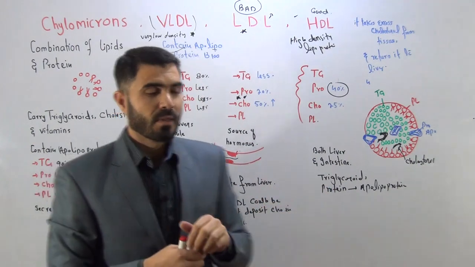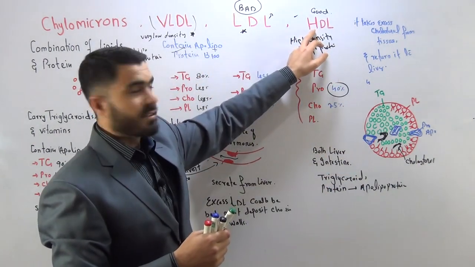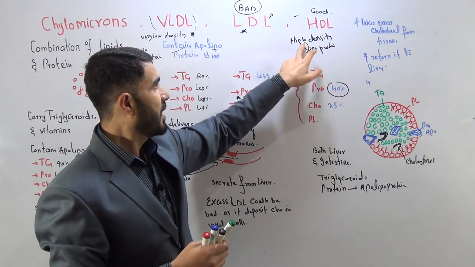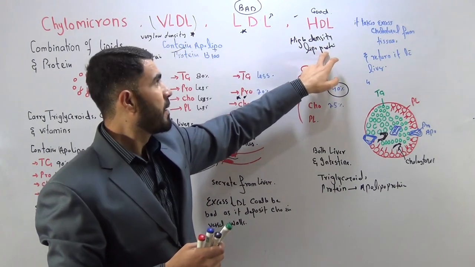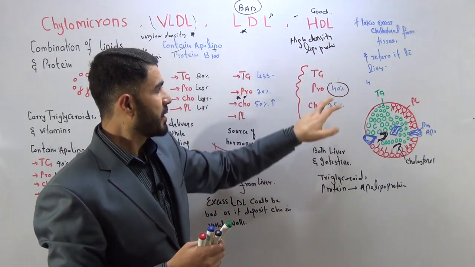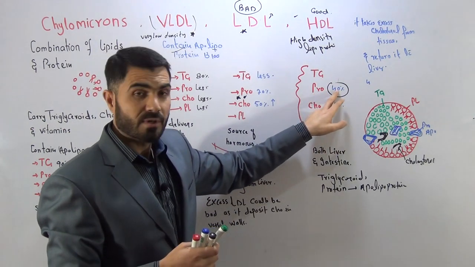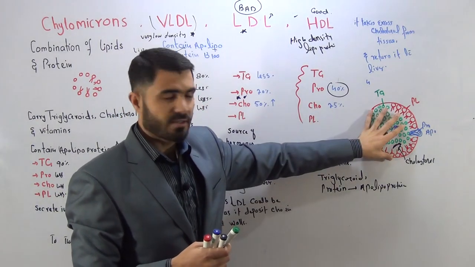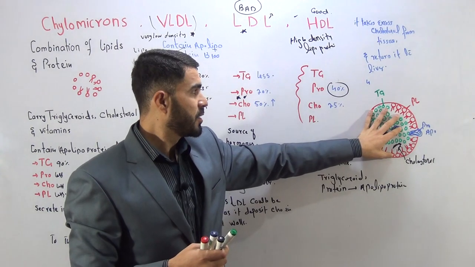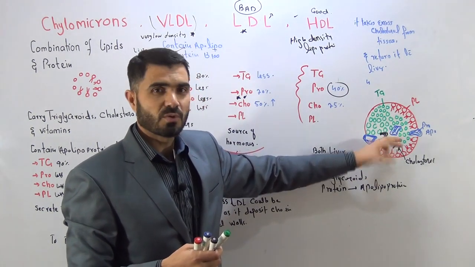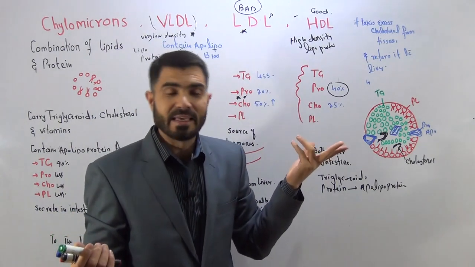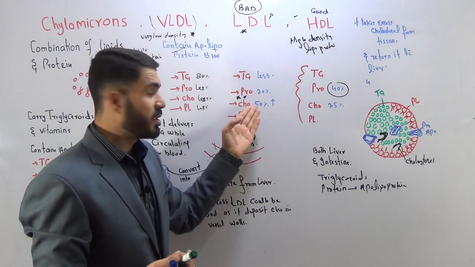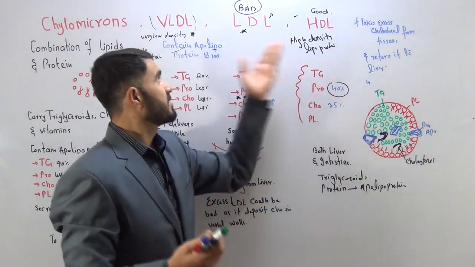For example, in HDL, high density lipoprotein, the protein is 40% and cholesterol is 25%. So this structure is HDL. And if here protein is less, 20%, but cholesterol is high, 50%, then this structure is called LDL.